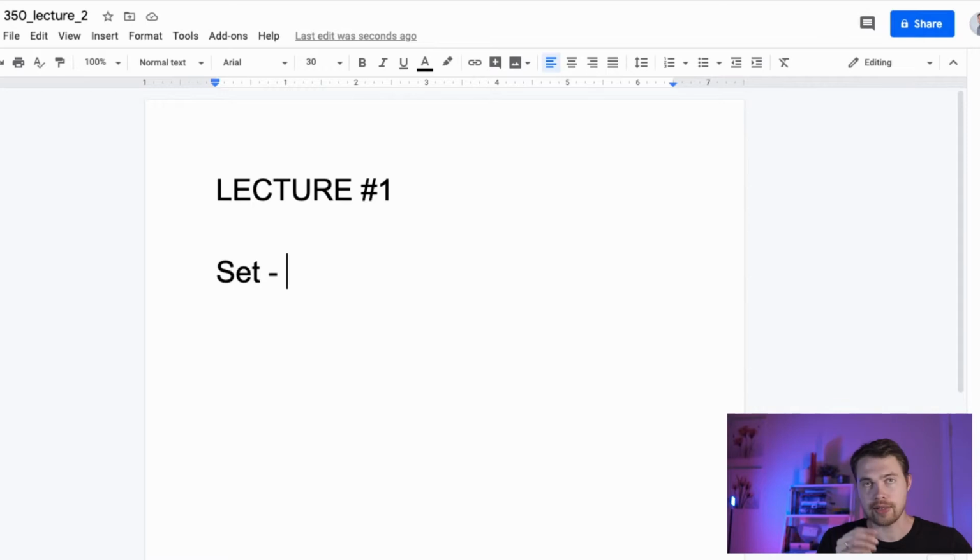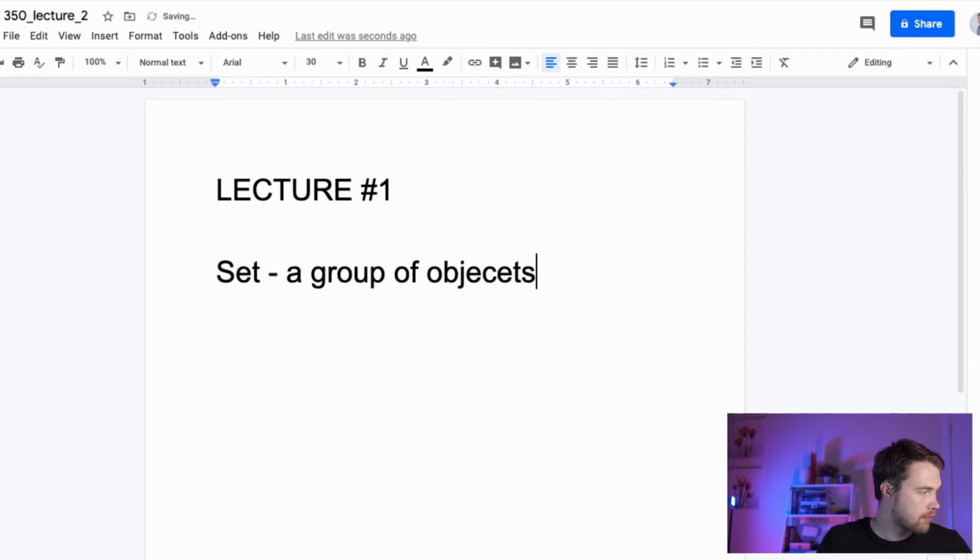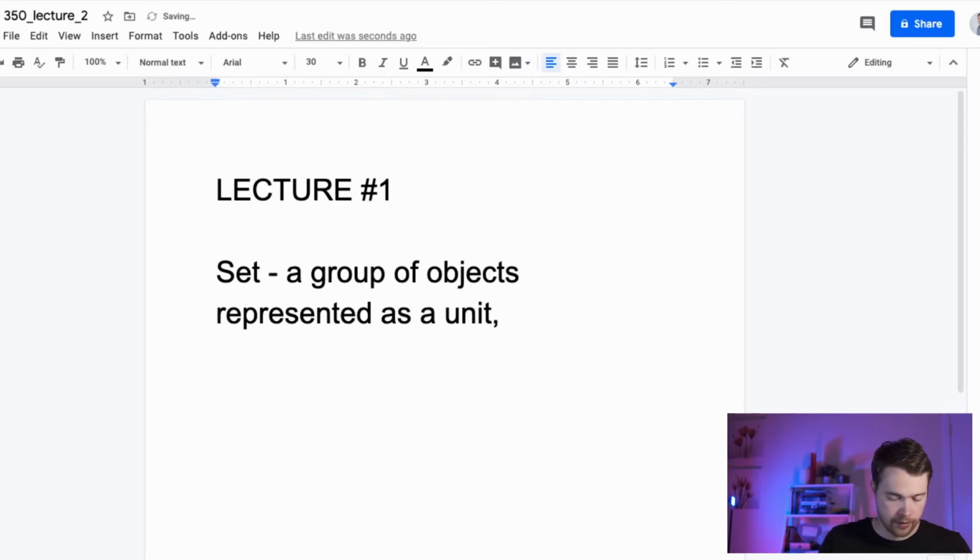but for the purpose of this class, Computer Science 350, a set will be a group of objects represented as a unit, in any order. So a group of objects of the same kind represented as a unit in any order.